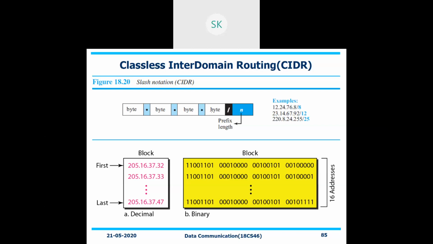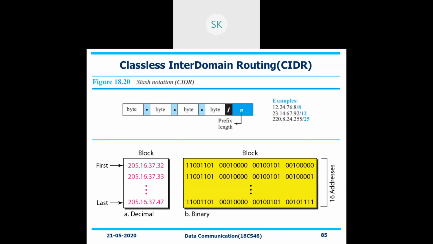Out of those particular 10, we may not be able to manage all the 10 that have been arriving. Instead, we'll be assigning only 4 and keeping the remaining 6 empty. That should not happen. For that reason, we are going with classless interdomain routing.